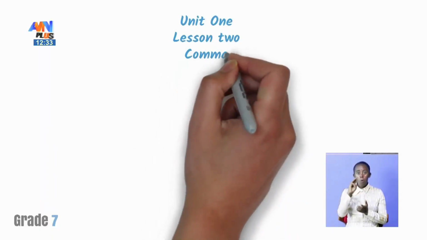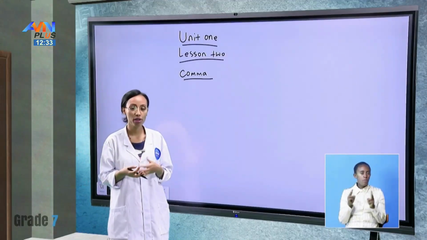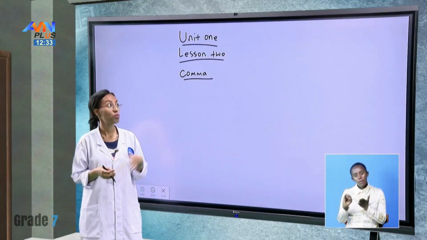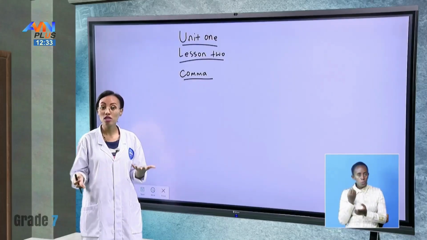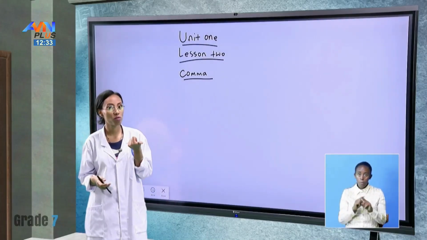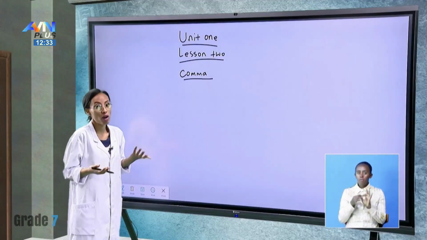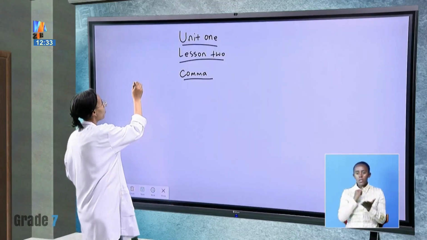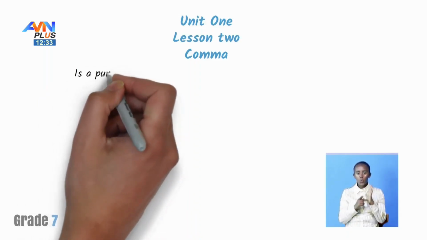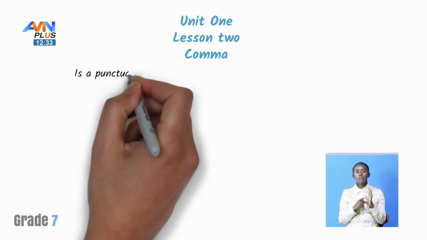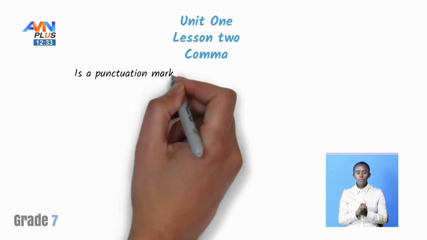Comma is something that we use very often when we're writing. We use this a lot, yes? We use it in different situations, but what is it? Let's define it. Comma is a punctuation mark.